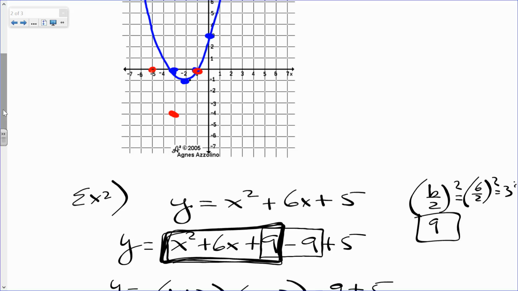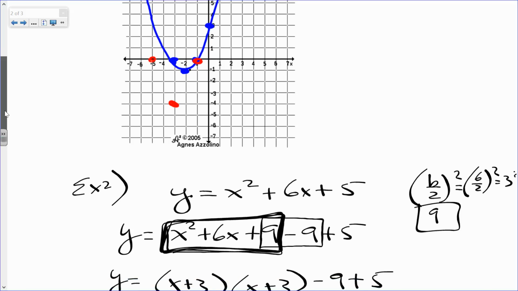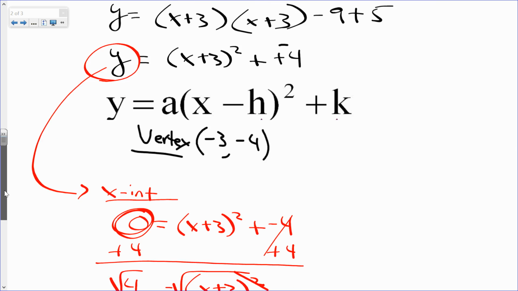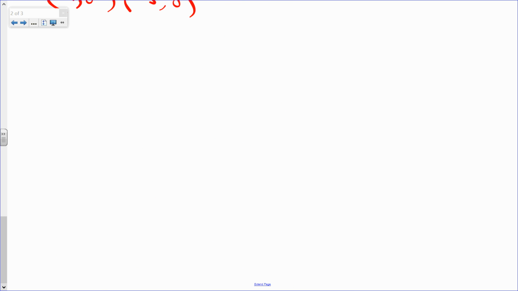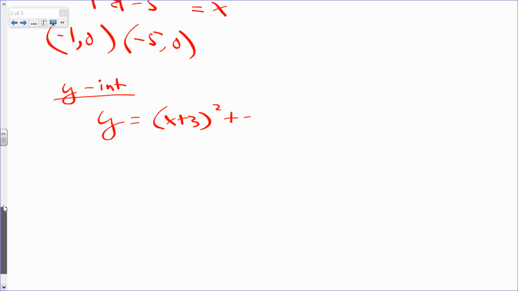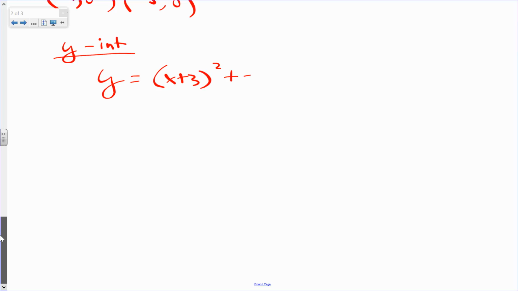Okay. So let's do it. Now let's find the y-intercept. So y-intercept, let's replace x with 0 now. So y is equal to x plus 3 squared plus negative 4. Okay, so let's replace x with 0 now.